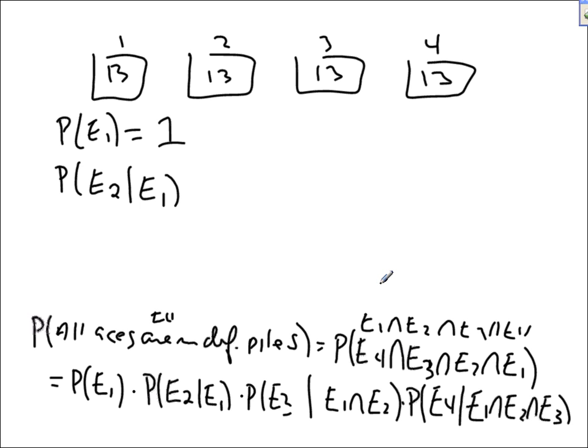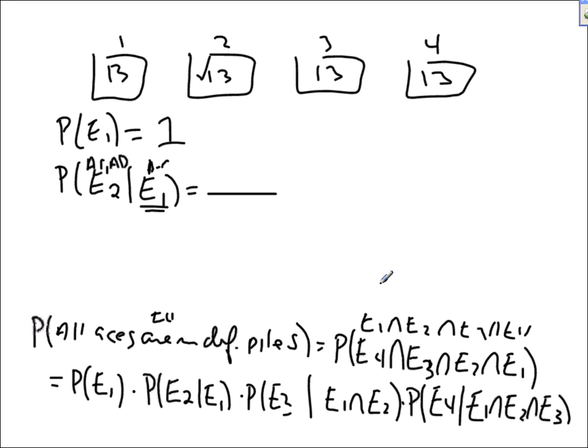Okay. Well, E1 talks about the ace of clubs being somewhere. And E sub 2 talks about the ace of clubs and the ace of diamonds not being in the same place. Okay, so we placed the ace of clubs.